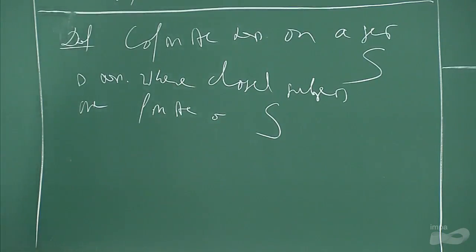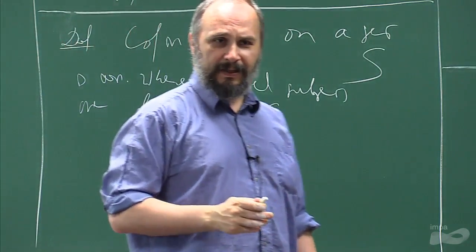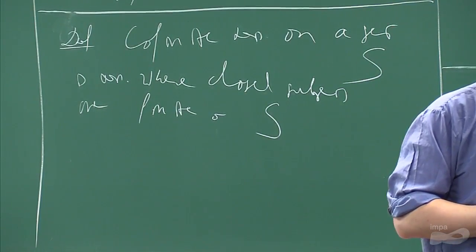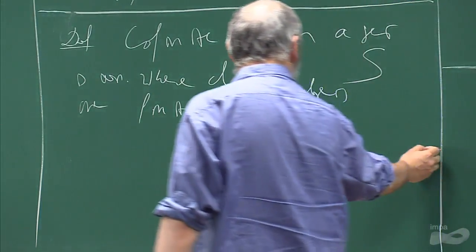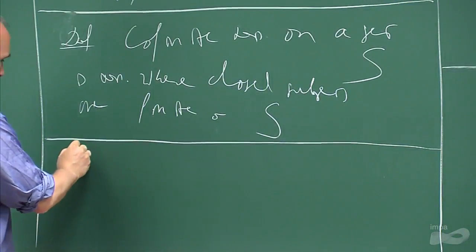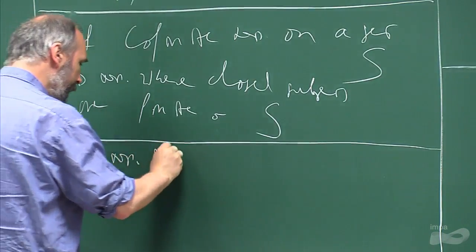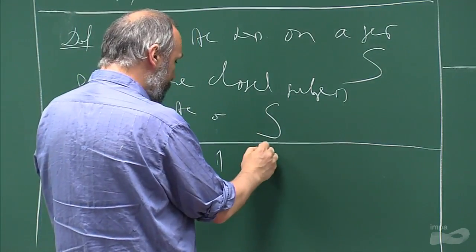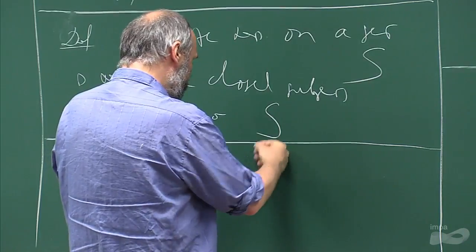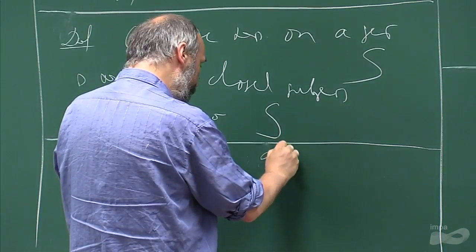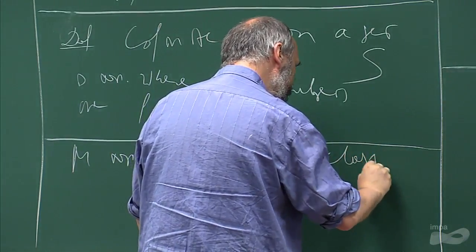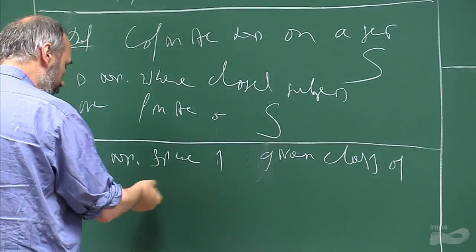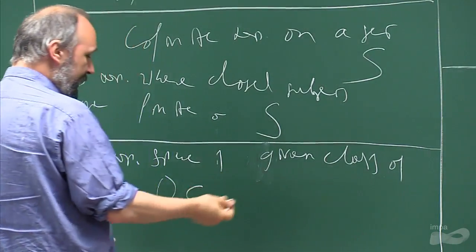So who remembers the axiomatic definition of topology? Not everybody. The axiomatic definition is that M is a topological space if there exists a given class of subsets, say O, in the set of all subsets.